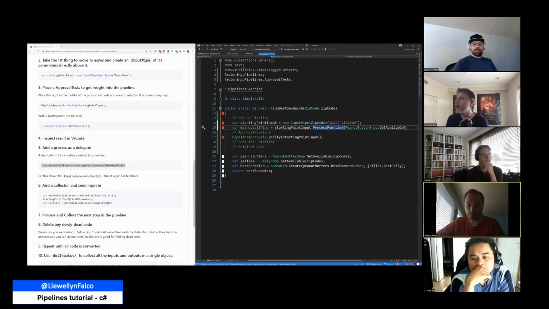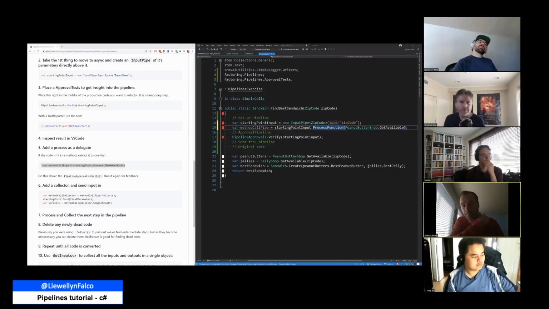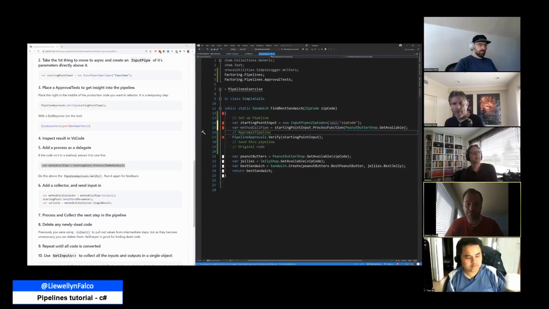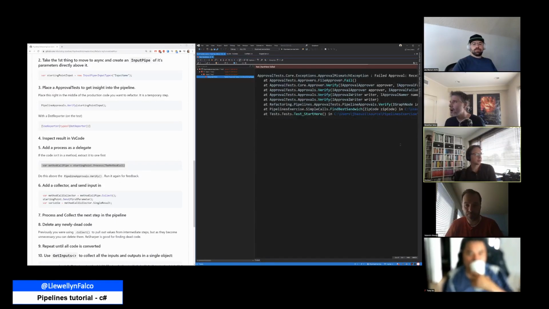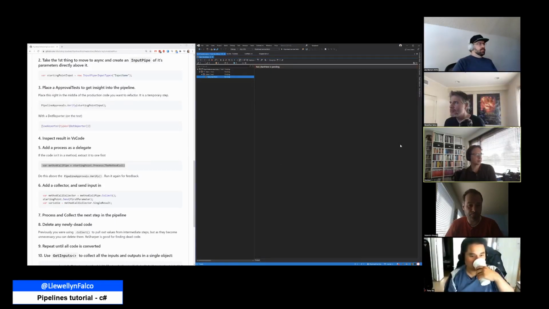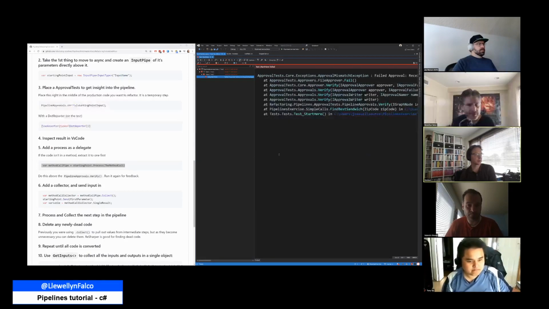Okay. Now we need to add a collector. So we do the verify. Should we check again in VS Code how it looks like? Let's do that. I'm a bit confused that the tutorial says the method call, but we're not pasting in the method call, we're only pasting the method.